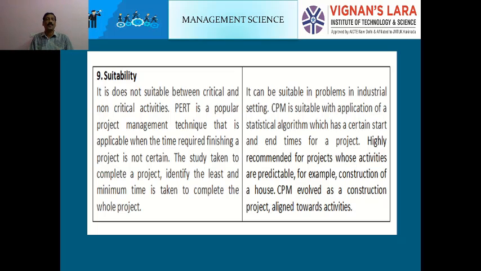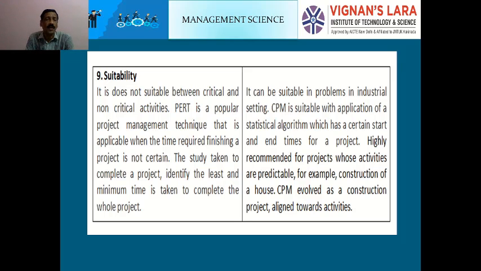PERT is a popular project management technique that is applicable when the time required to finish a project is uncertain. That means uncertainty will be taken into consideration. These studies are taken to complete a project, identifying the minimum time taken to complete the whole project.